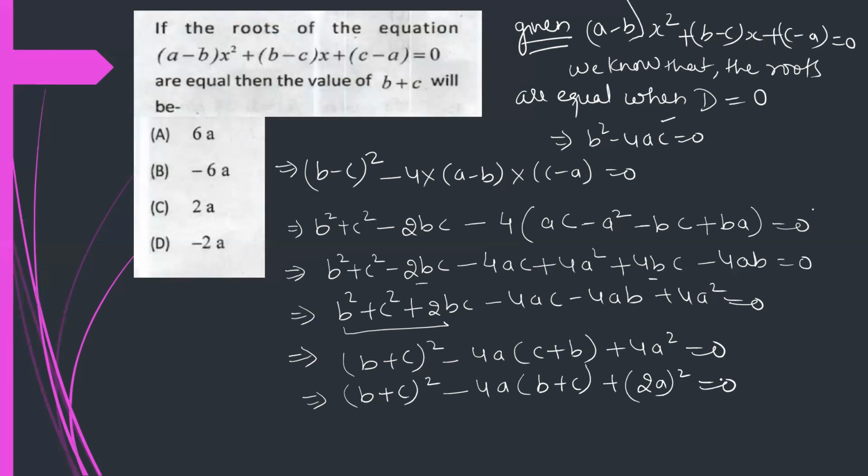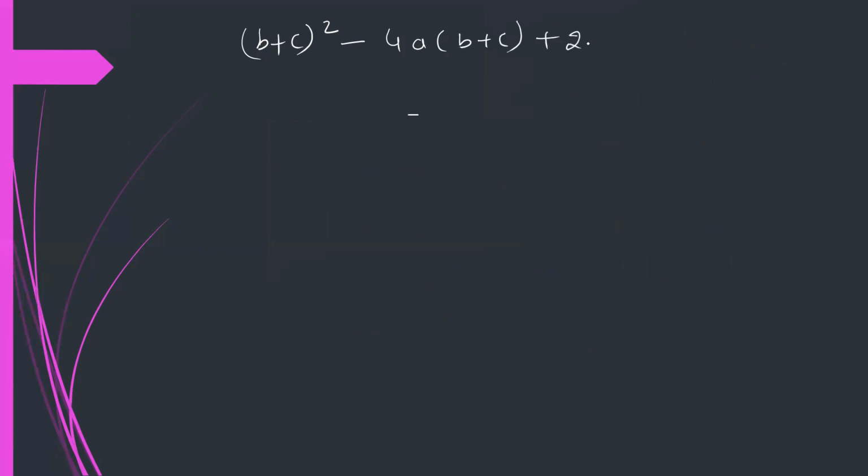Now what will happen? After this step, we are shifting to the next page. What we got is (b plus c) whole square minus 4a (b plus c) plus (2a) whole square equals 0.